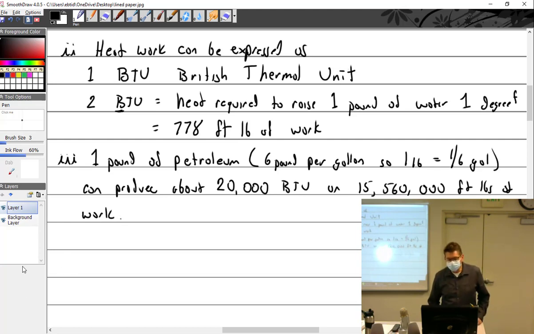So what's wrong with us then? How many foot-pounds of work are you getting out of your car for 1 pound, 1/6 of a gallon? Not that much. Why not? Heat loss, thermal inefficiency.